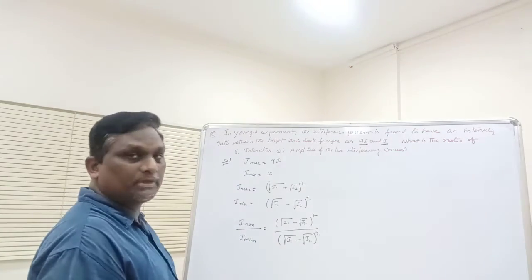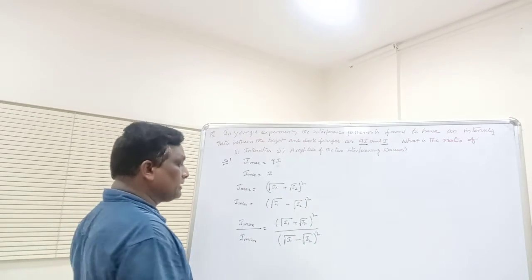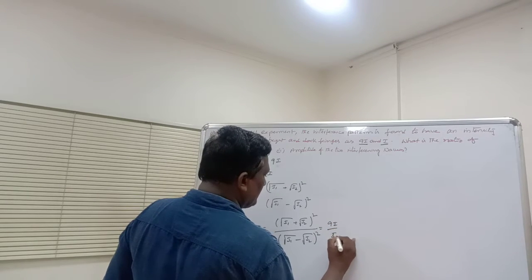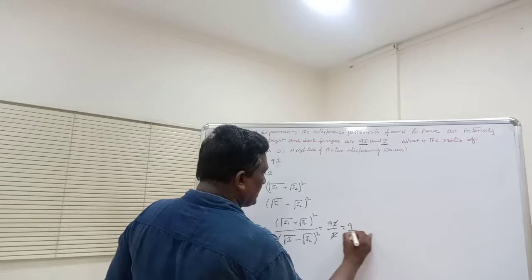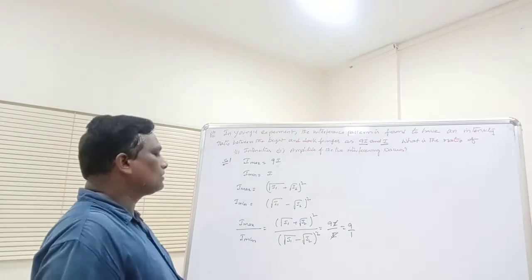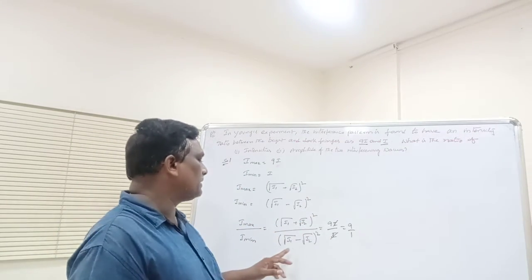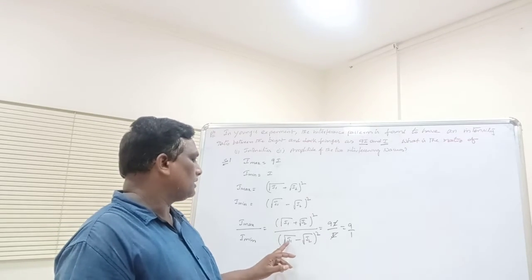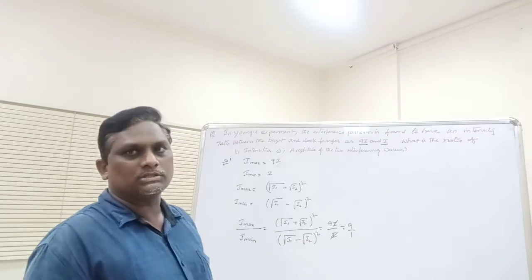What is I maximum, I minimum? 9I divided by I they have given. I gets cancelled, that is equal to 9 by 1.